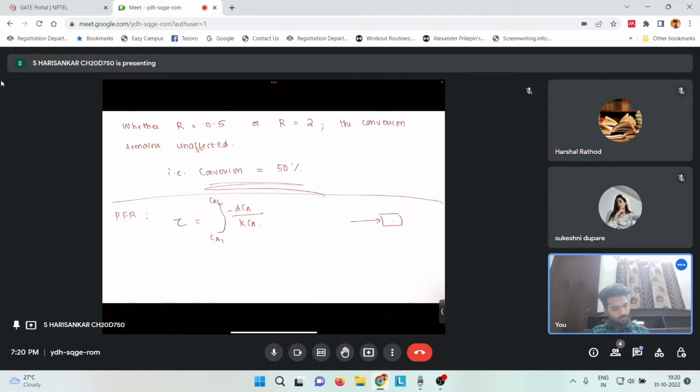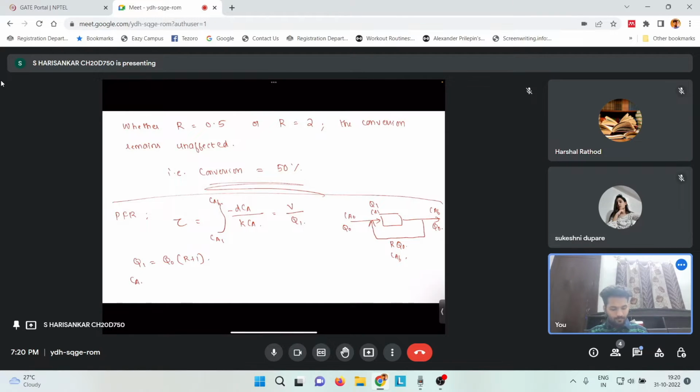I'll just draw. This will be CA0, the entry will be CA1, this will be Q0, let's say, and this will be Q1. This will be R into Q0. This is CAF. This will also be CAF. This will be Q0, right? So this tau will be V by Q1. Here also Q1 is basically Q0 into R plus 1.